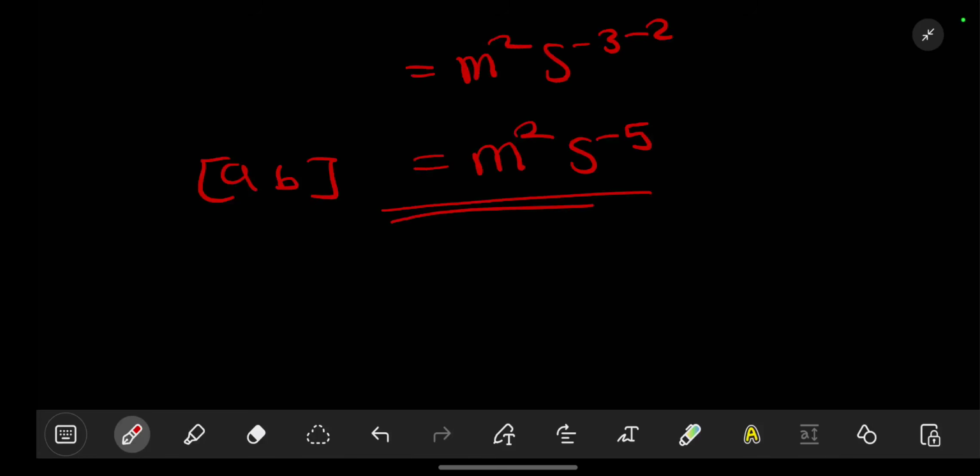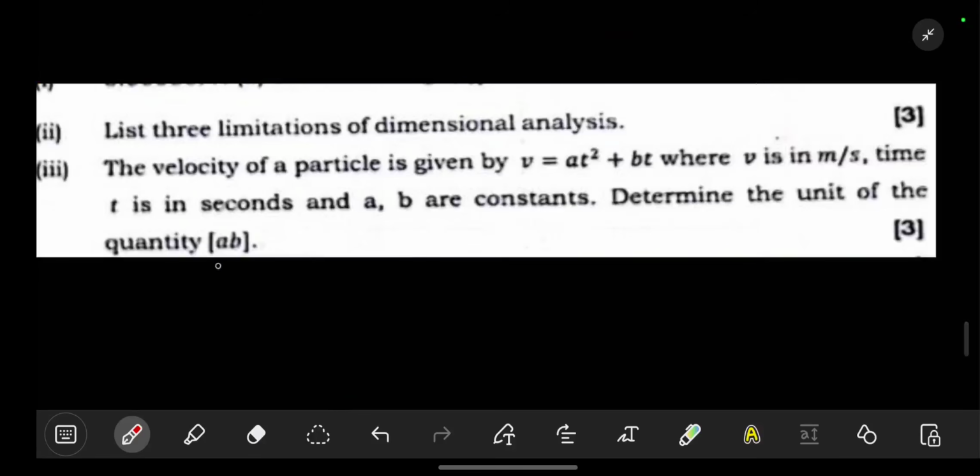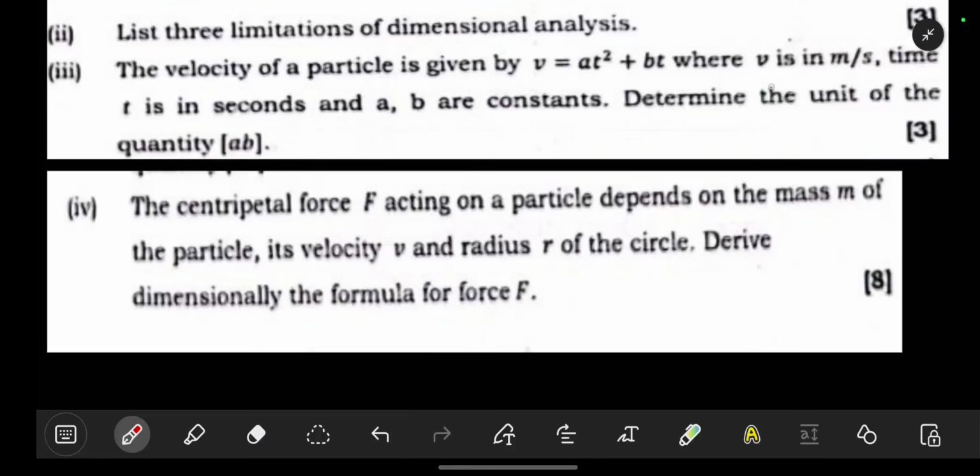Let's move on to our next question, which says that the centripetal force F acting on a particle depends on the mass of the particle, its velocity and radius.